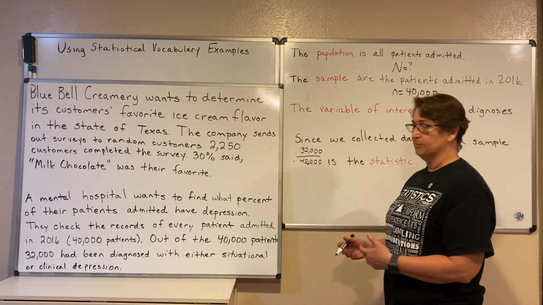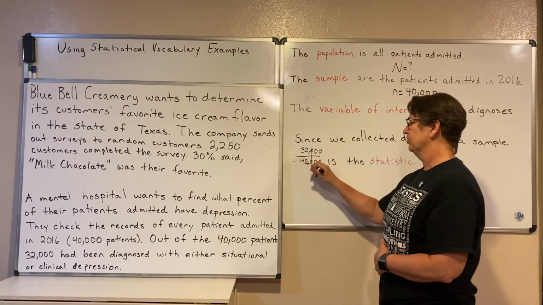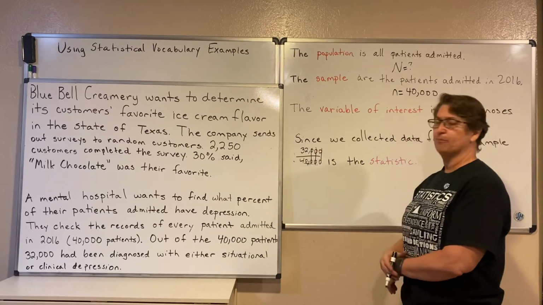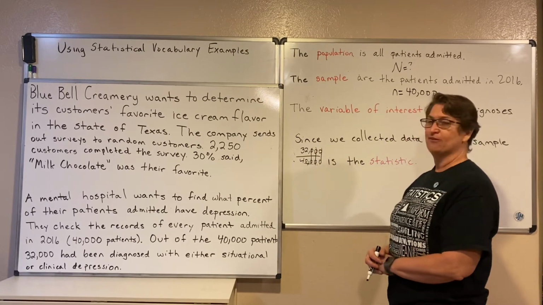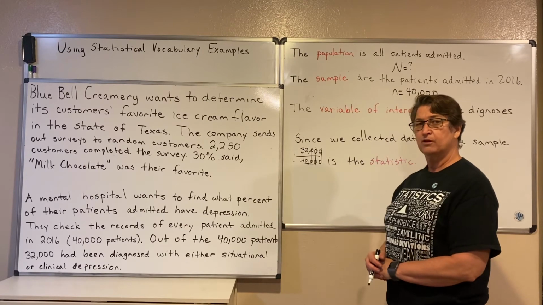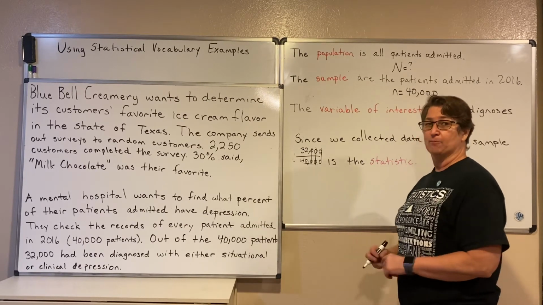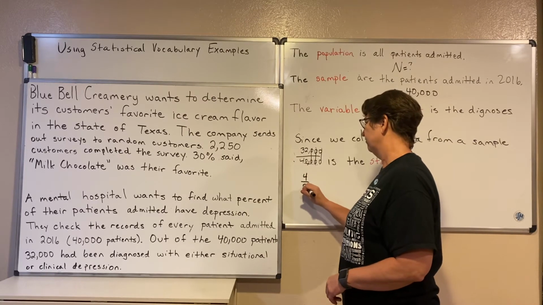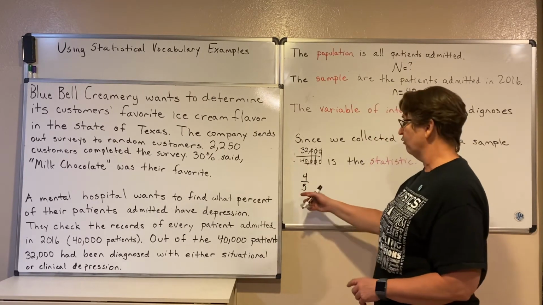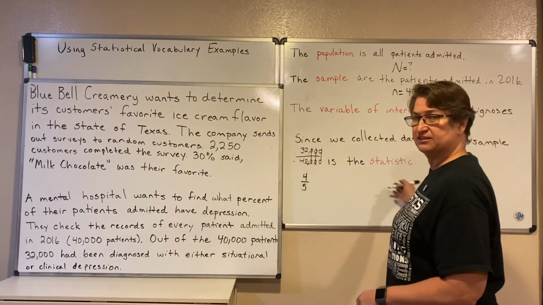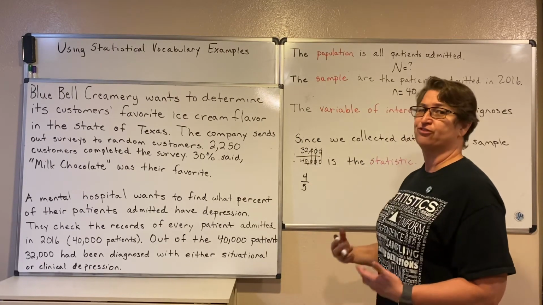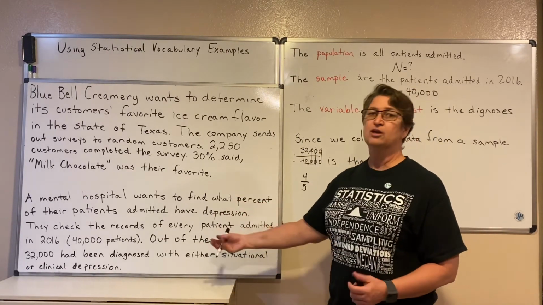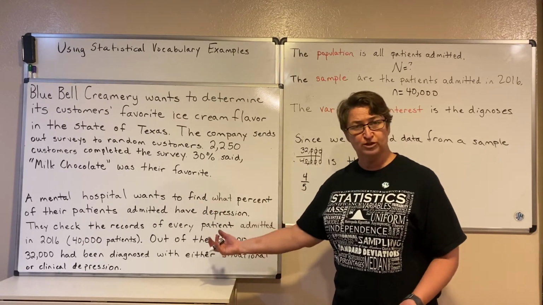We could, of course, simplify that by dividing the top and the bottom by 1,000, and you have 32 over 40. Divide that top and bottom by 8, and you've got 4/5. So that proportion of 4/5 is a statistic. 4/5 of the patients that come in are diagnosed with depression.